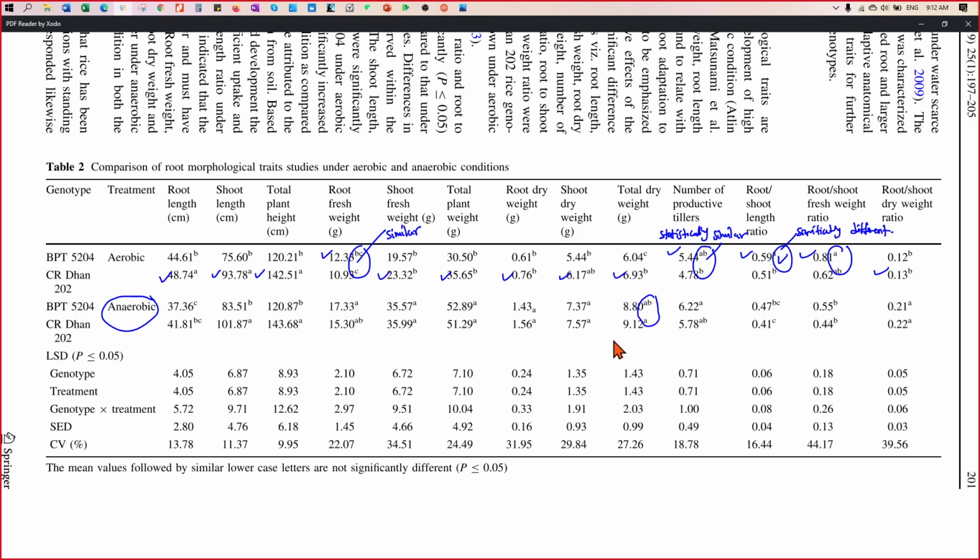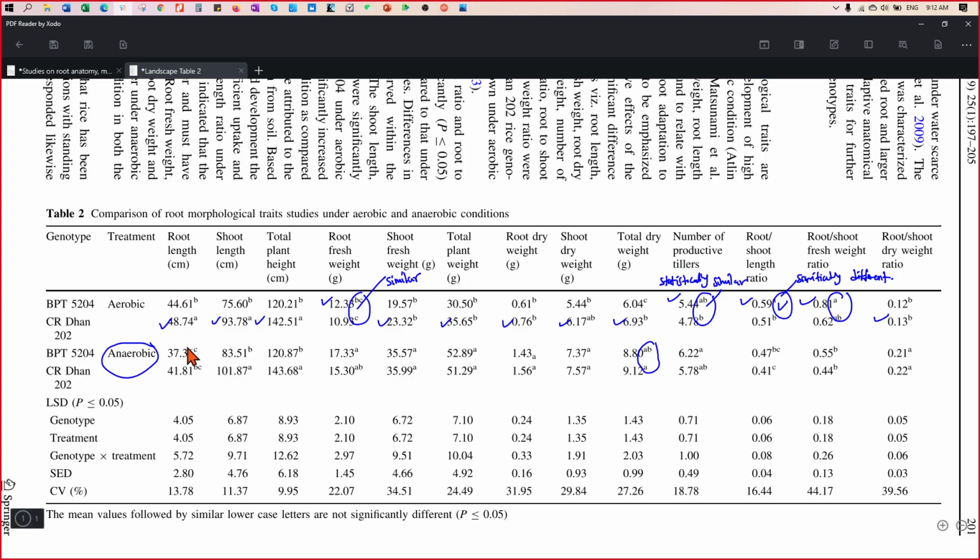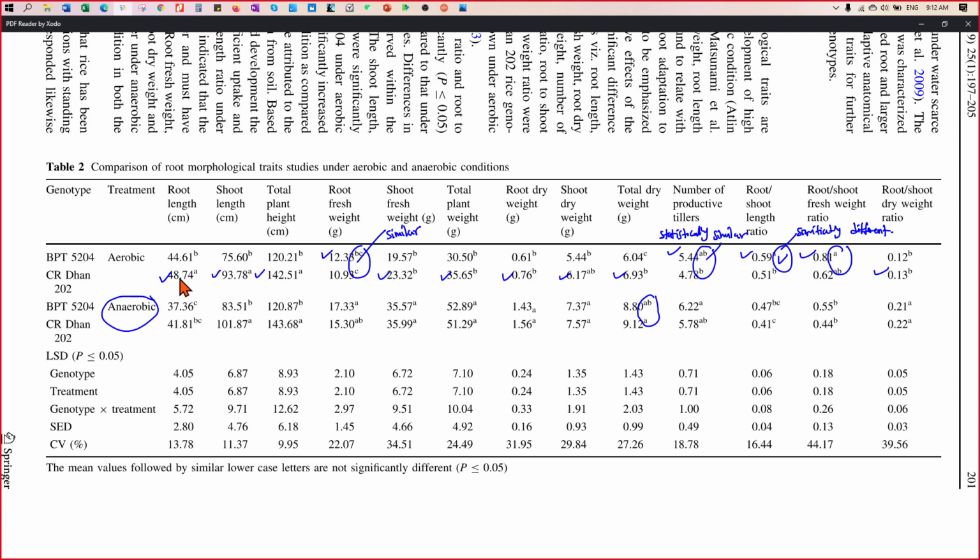So is it true? The CR variety actually has longer roots. This is the finding here. The CR variety has a longer root in aerobic condition.